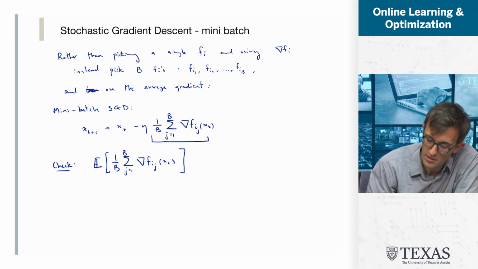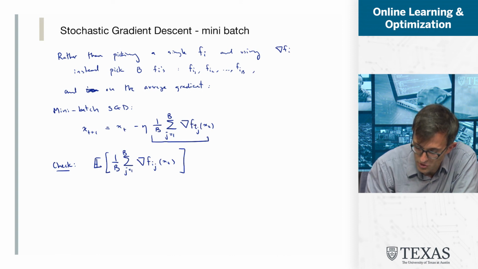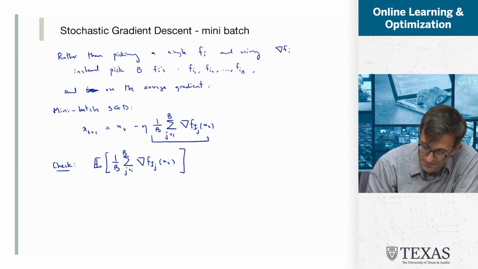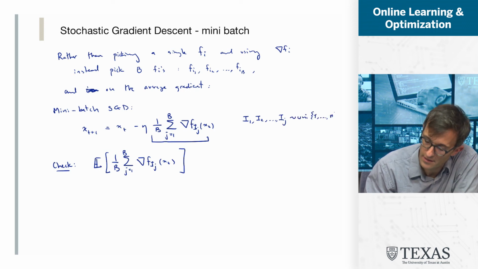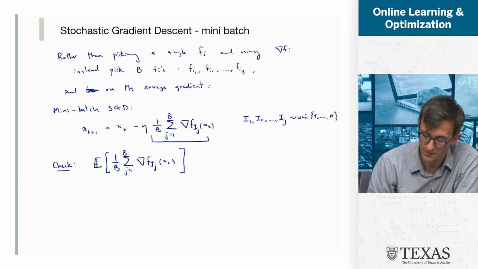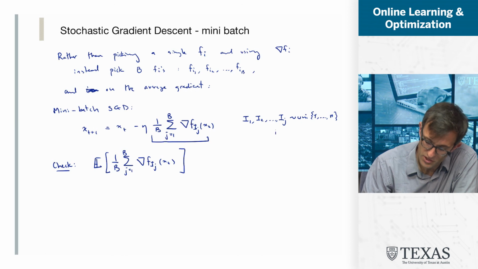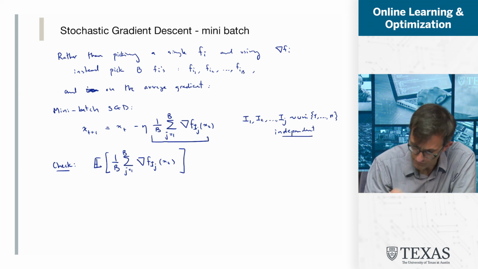I've been using capital letters to denote random variables, so I should call these capital I. So I_1, I_2, up to I_b are all uniformly distributed in 1 to n, the same way that before we just had I being uniformly distributed in 1 to n. And we'll talk about this assumption in a second. Let's assume that I choose them independently of each other.